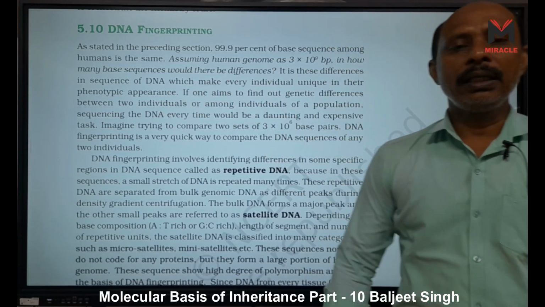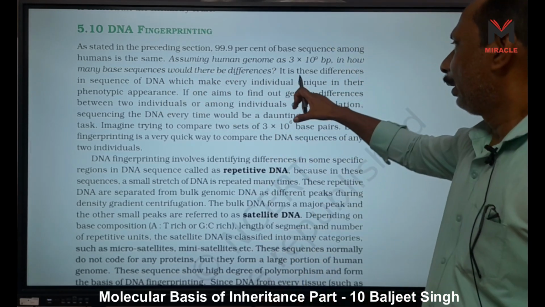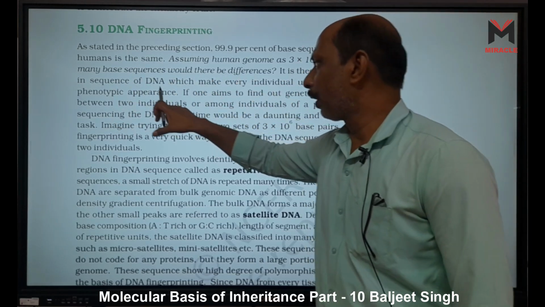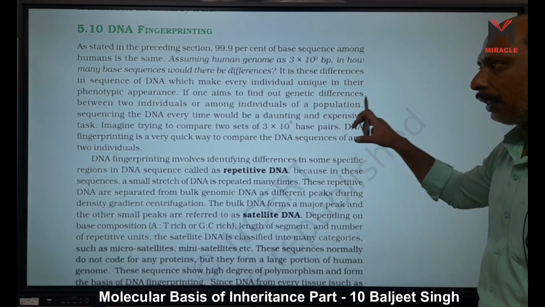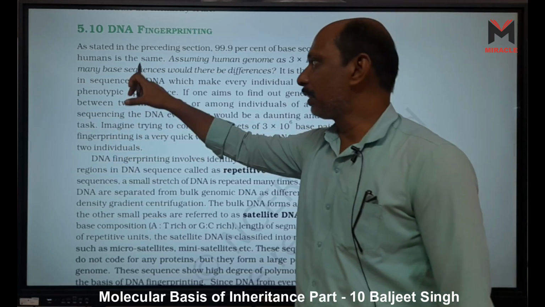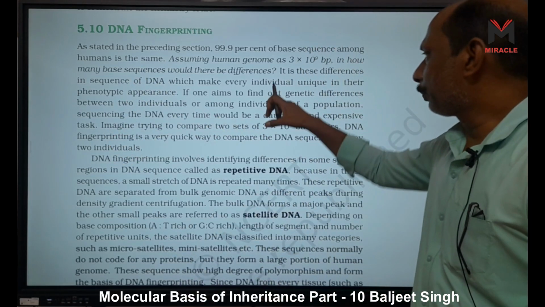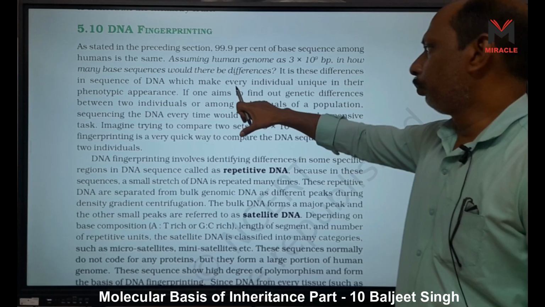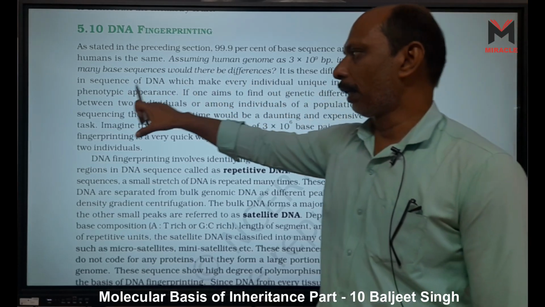It is 3 into 10 power 6, right? It is these differences in the sequence of DNA which make every individual unique in their phenotypic appearance. How much is 0.1%? It is responsible for making every individual unique in their phenotypic appearance.